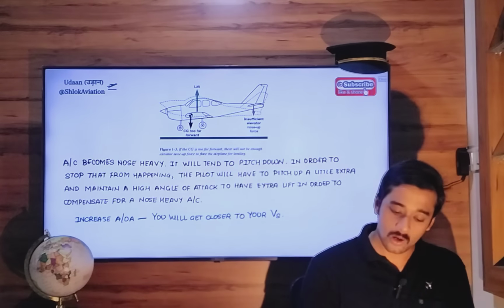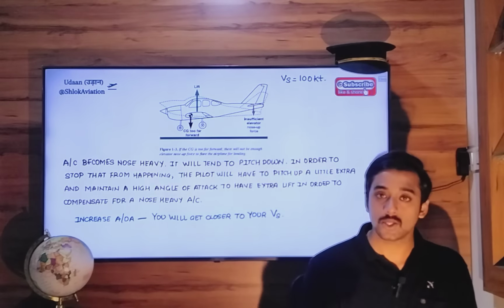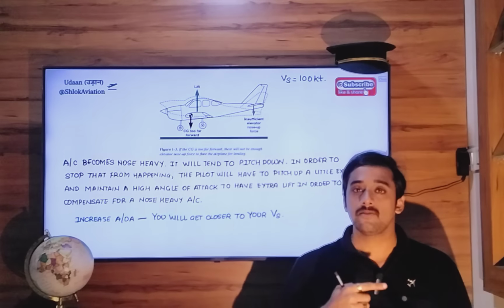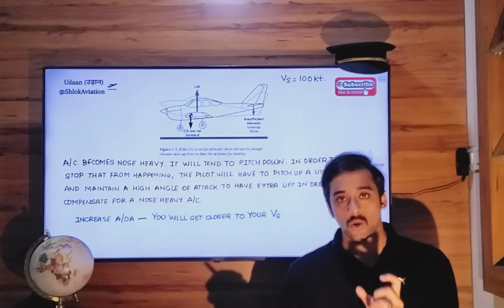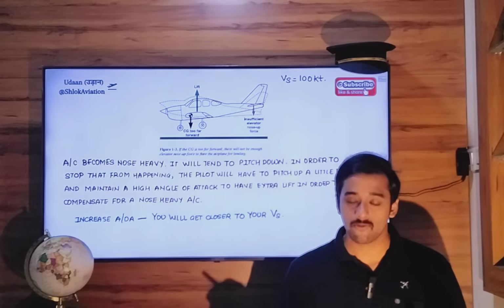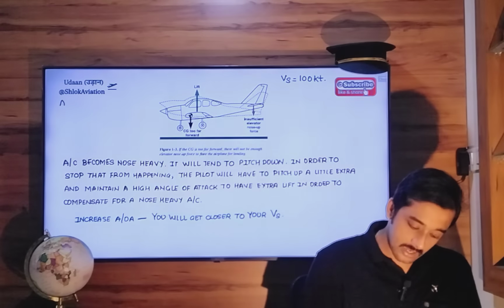Let's say your stalling speed is 100 knots. Okay, so as you keep increasing the angle of attack of your aircraft, your airspeed will go closer and closer to the stall speed, meaning your airspeed will start dropping. It will start decreasing in value. Next thing, aircraft becoming nose heavy.